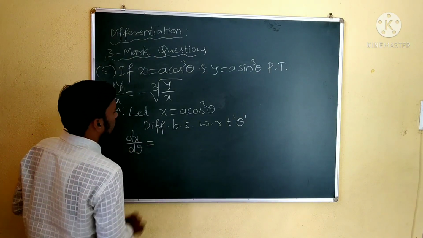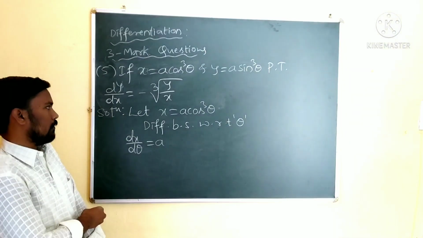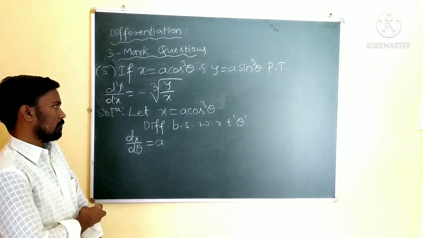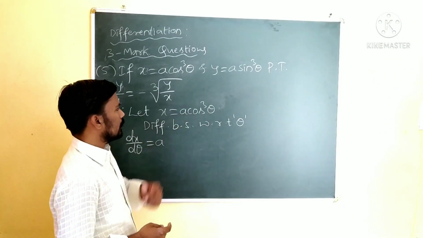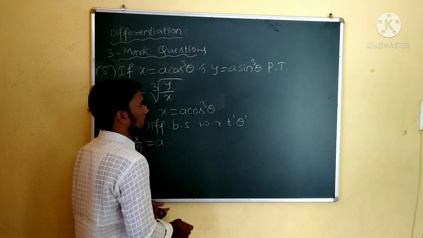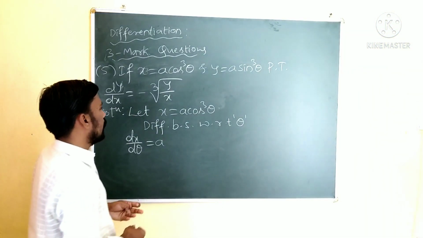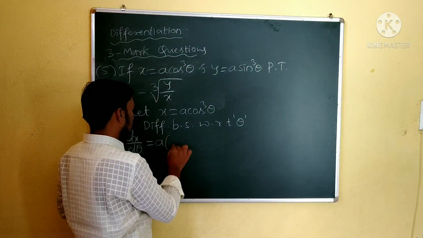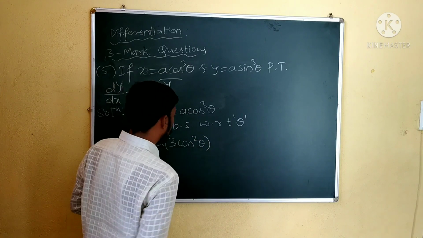A is a constant, write this as it is, and take the derivative of cos cube theta. Again, you have to apply the chain rule for differentiating cos cube theta. The derivative of x cube, you know, is 3 into x square. In the same manner, the derivative of cos cube theta is 3 into cos square theta.